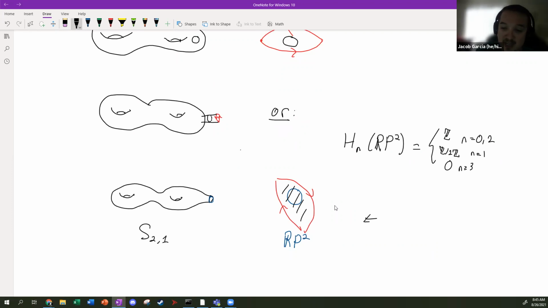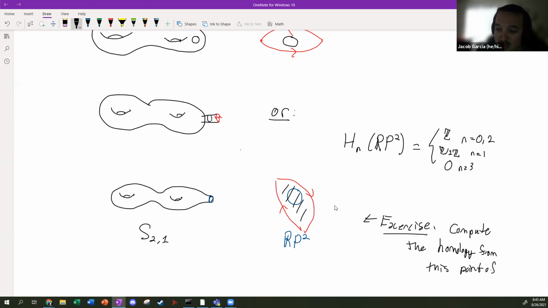However, as an exercise, compute the homology from this point of view. It's actually easier.